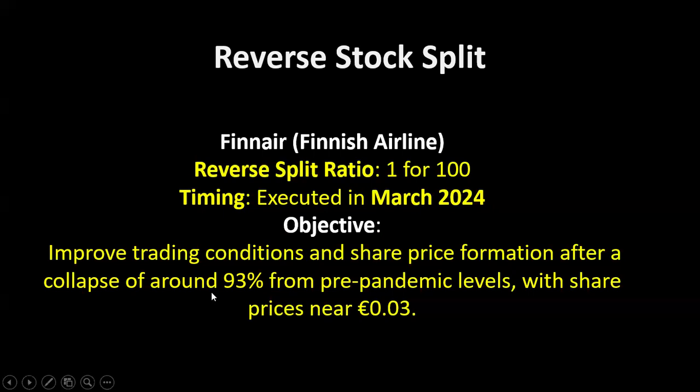In a stock split, when the price is high, the companies go for a stock split to reduce the price. In a reverse split, when the price falls drastically, the reverse split can be done to bring the price up to a certain level. And that's what happened in Finnair.